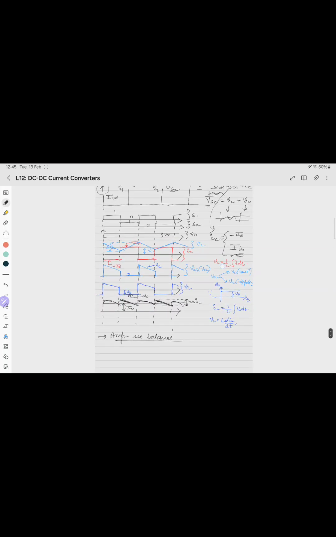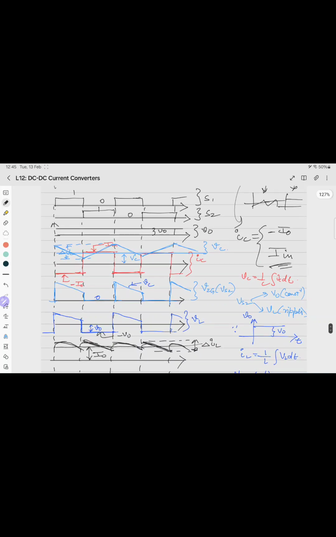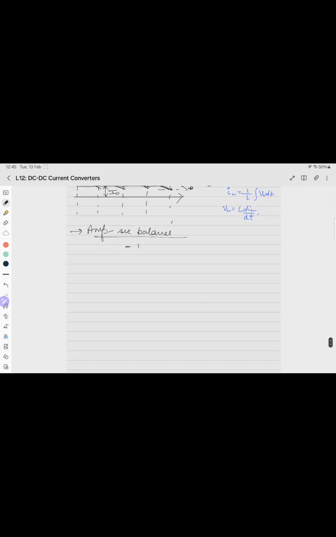For amp second balance, that is for capacitor current, this is the area A1, this is the area A2. So A1 is minus I naught and plus I in. So it will be minus I naught into D switching plus I in into 1 minus D into T switching is what? 0.